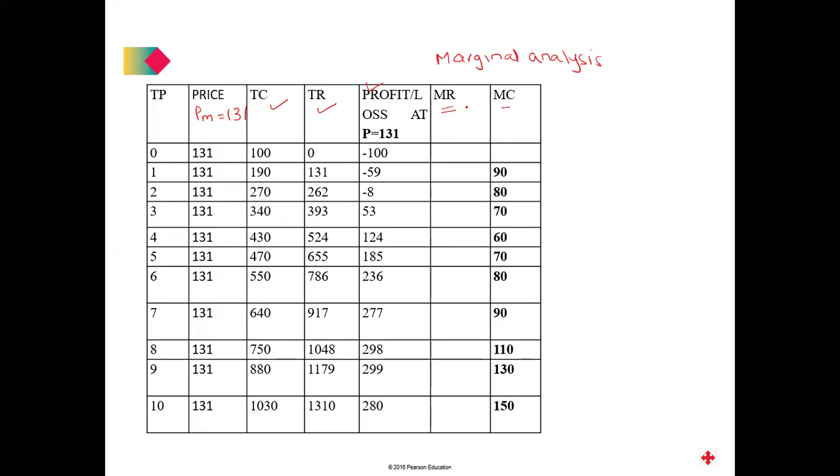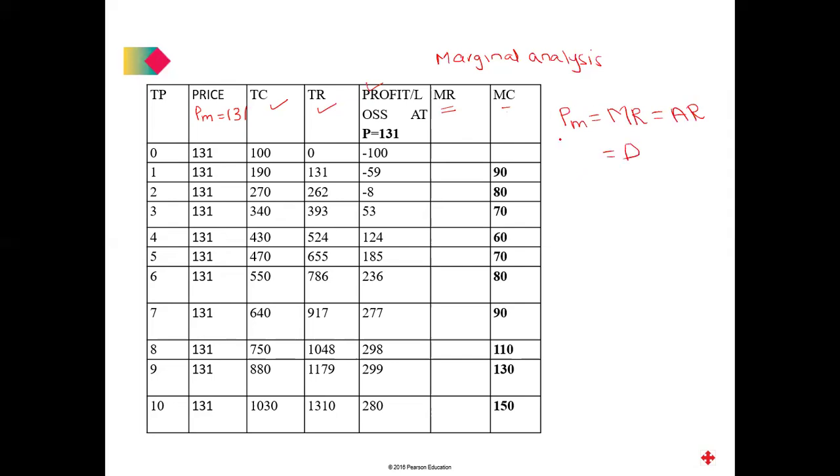We already know that in a perfectly competitive market, the seller will use the market price, and the market price will be equal to the seller's marginal revenue. So in a perfectly competitive market, the market price is equal to the marginal revenue, which is equal to the average revenue, and this is also equal to the demand curve.